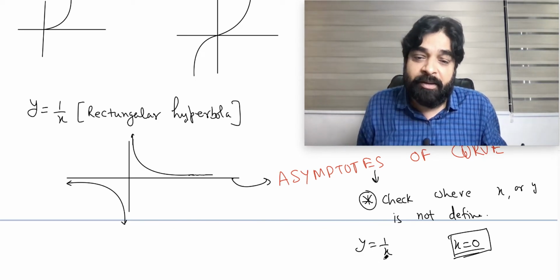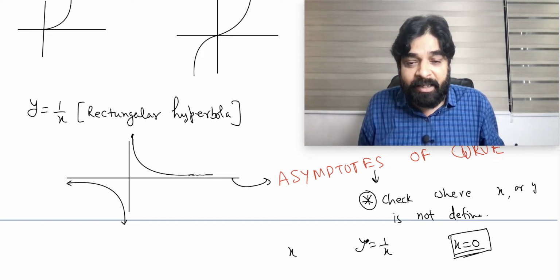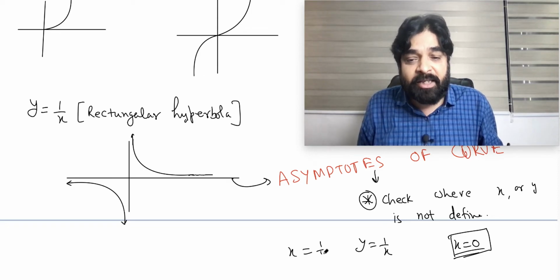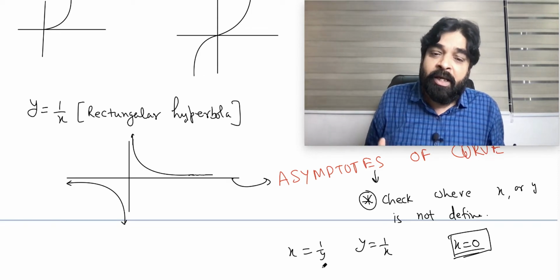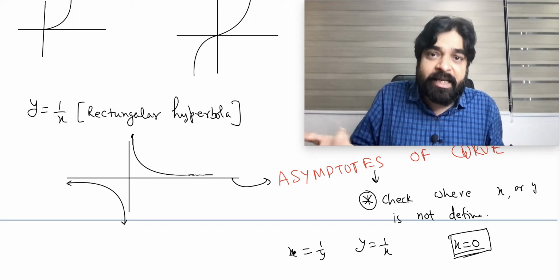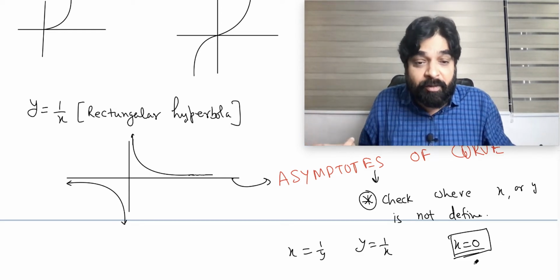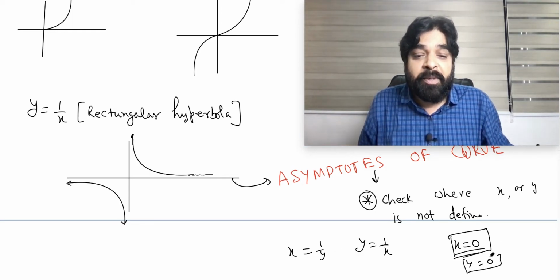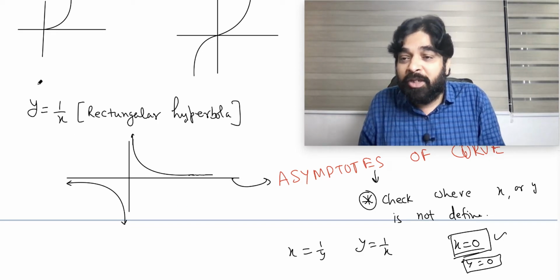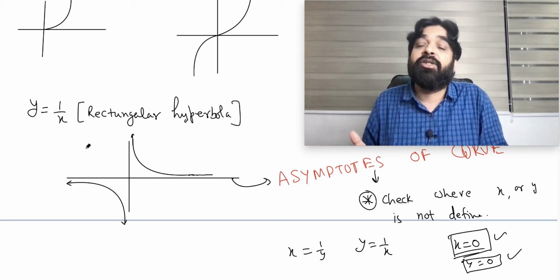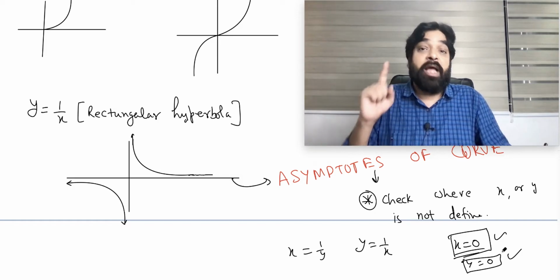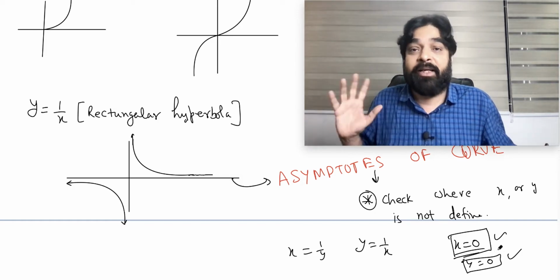Same way, from y equals 1 by x, I can do cross multiplication and write x equals 1 by y. Is it possible that x can be not defined? Yes, when y equals 0. So there are two asymptotes, x equals 0 and y equals 0.